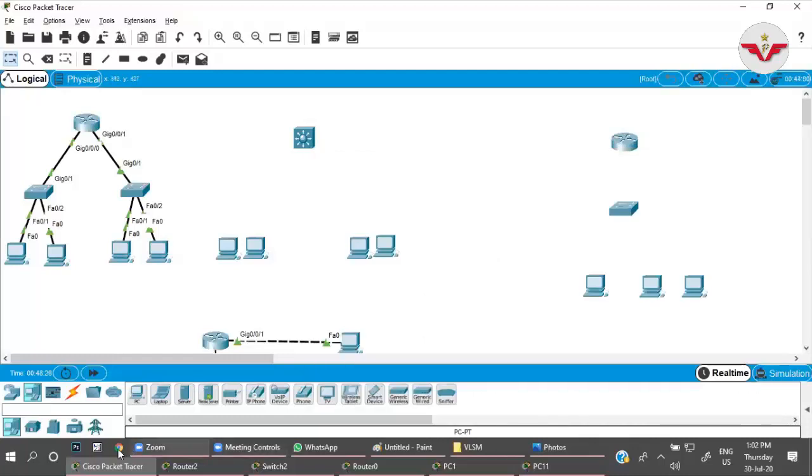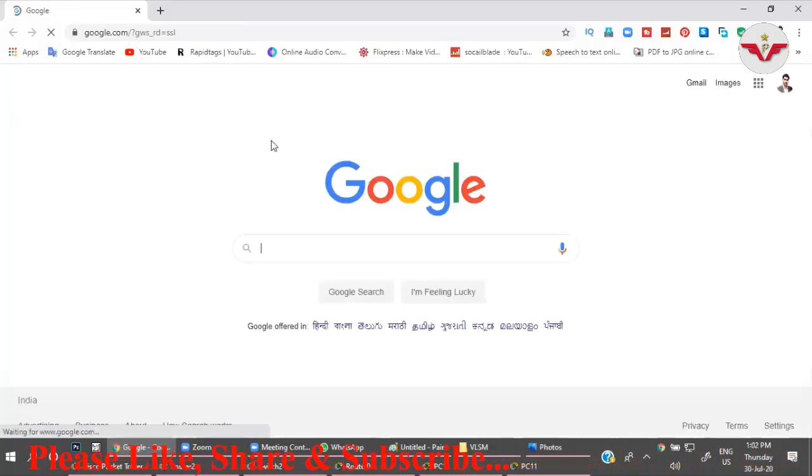Between a router and a layer 3 switch, there is only one difference: in a router there is a WAN port which works on WAN, but a layer 3 switch you can use only for the LAN, not WAN.